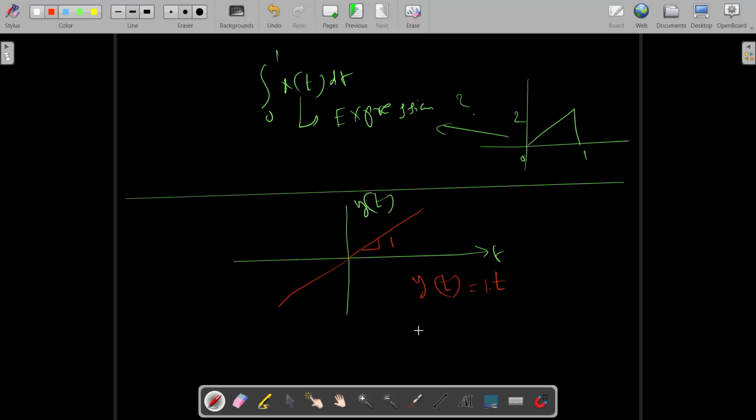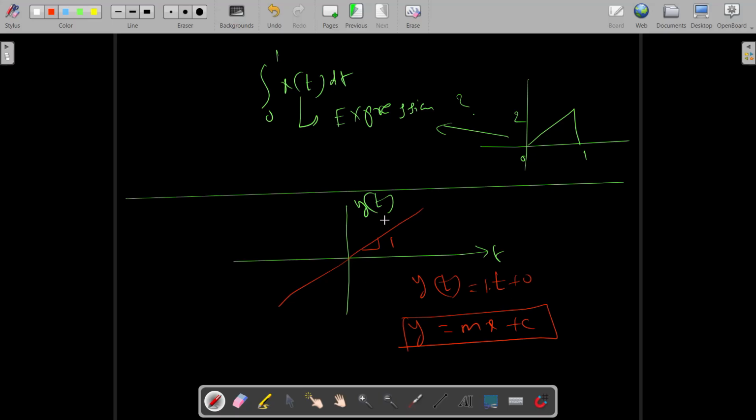In general, we have what is called the slope intercept form. So what is the slope intercept form? y equal to mx plus c, right? This is what we studied in our mathematics. Now instead of x we have t. So in this case it is going to be y of t equal to 1 into t, because the slope is 1 here, plus 0, the intercept is 0. So this is the expression for this y of t.